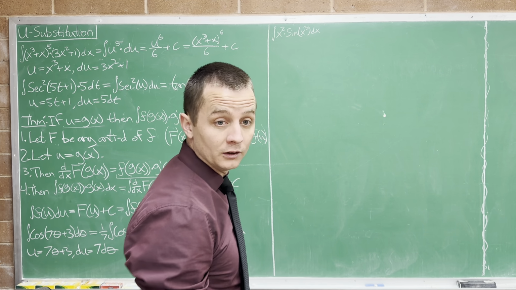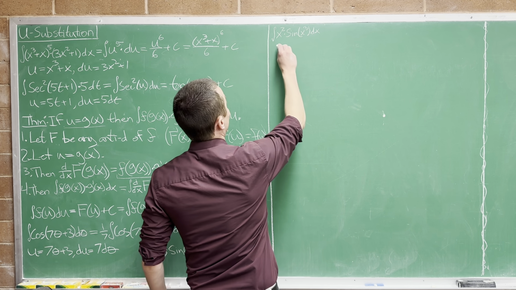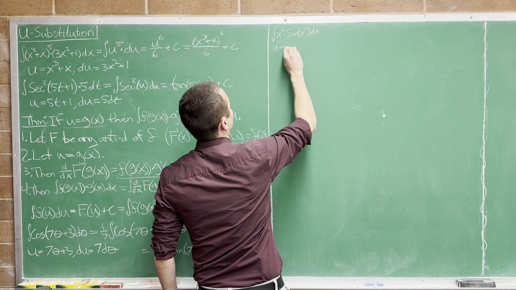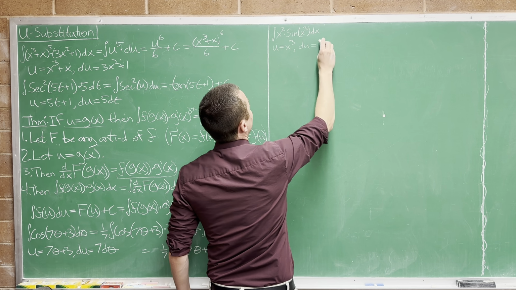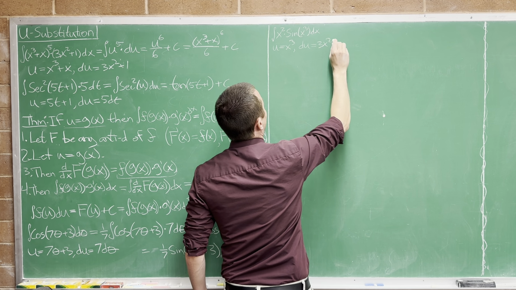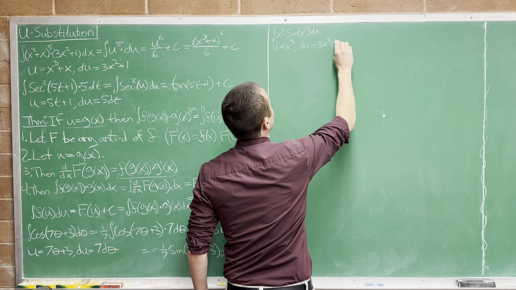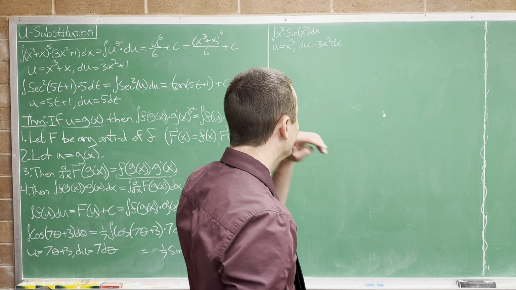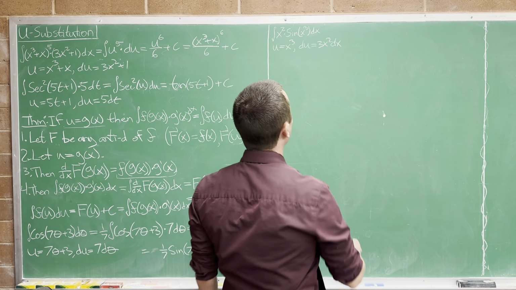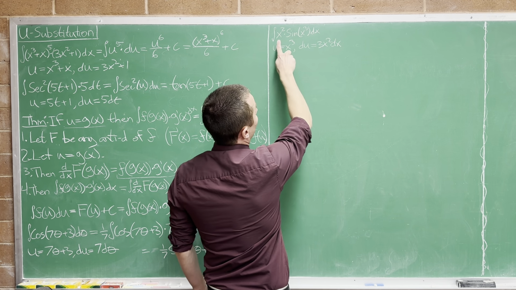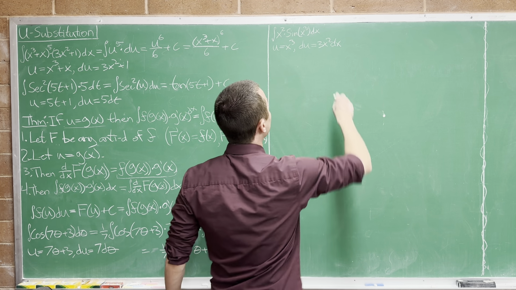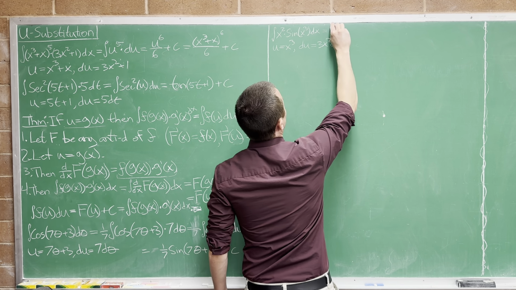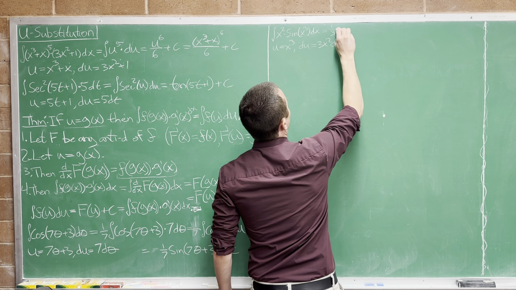So if we did u is equal to x cubed, what is du equal to? 3x squared dx. Okay, so now, what do we notice? We have an x squared dx, we need a 3x squared dx. So let's times it by 3. So we're going to do this is equal to 1/3 times the integral.